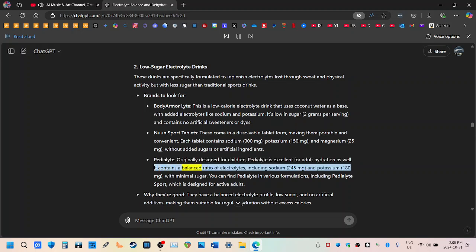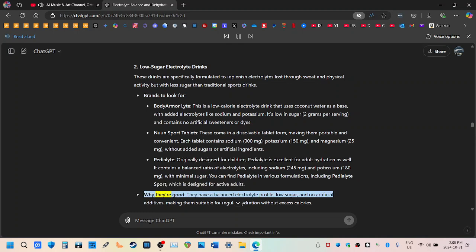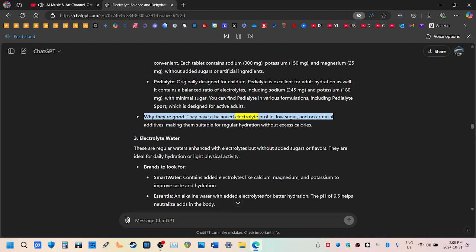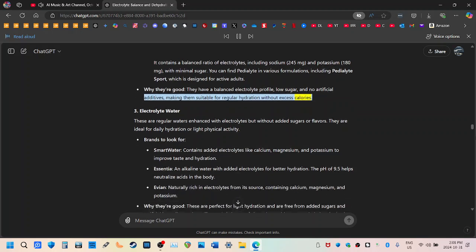It contains a balanced ratio of electrolytes, including sodium, 245 milligrams, and potassium, 180 milligrams, with minimal sugar. You can find Pedialyte in various formulations, including Pedialyte Sport, which is designed for active adults. Why they are good? They have a balanced electrolyte profile, low sugar, and no artificial additives, making them suitable for regular hydration without excess calories.